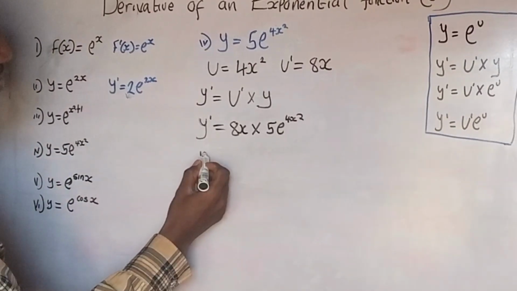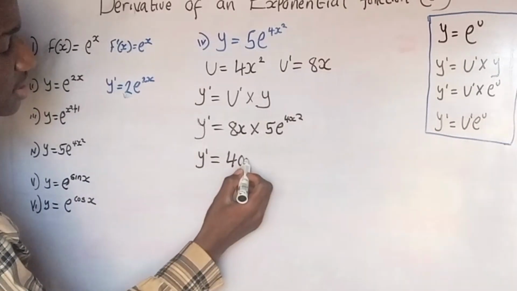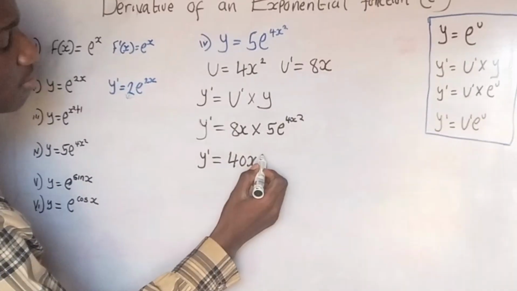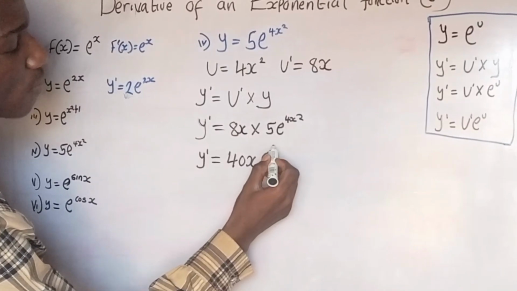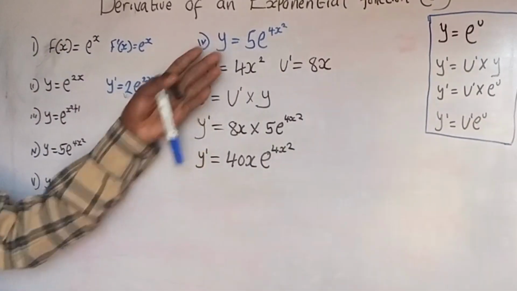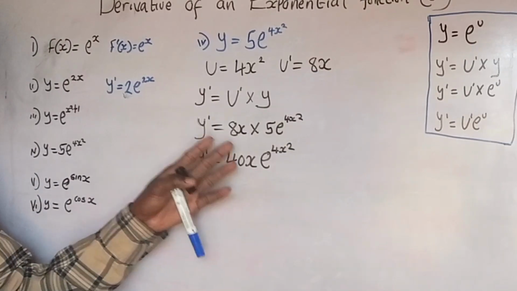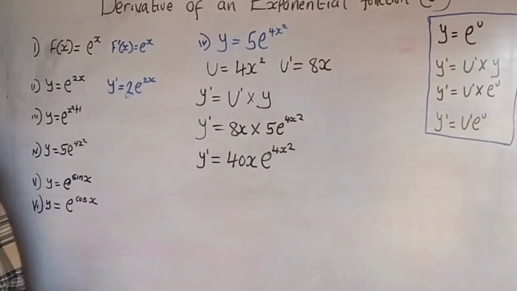In that case, the derivative of y is equal to 40x multiplied by e raised to the power of 4x squared. Therefore, the derivative of 5e raised to the power of 4x squared is 40x e raised to the power of 4x squared.